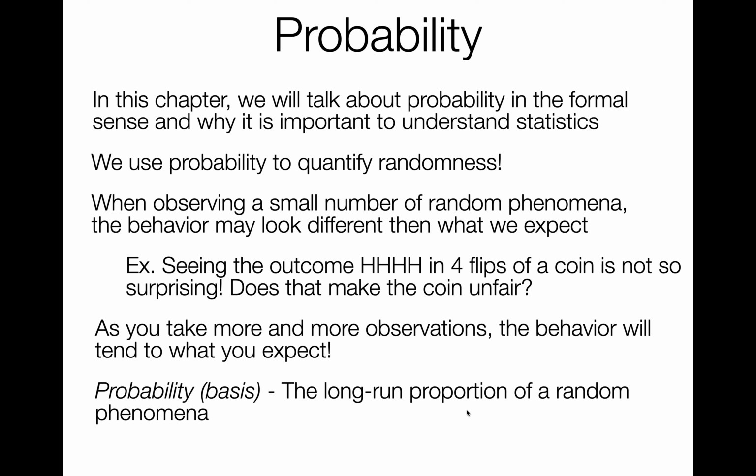And when I mean long-run proportion, I mean I do it a bunch of times, and then I take the proportion of successes divided by all of the trials. Okay? So the long-run proportion of a random phenomena is the probability. So for instance, tossing a coin is a random phenomena, and then I can get some sort of theoretical probability that that coin is tossed and lands as a head or not.